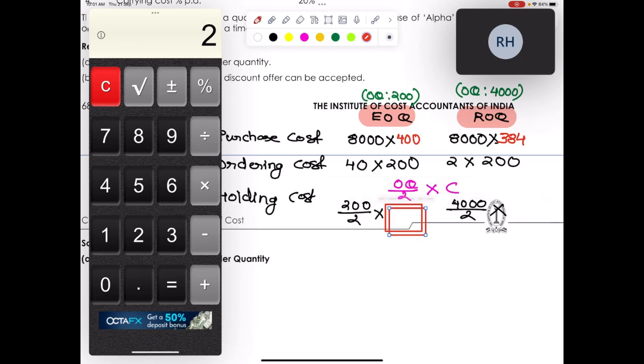Please find out the carrying cost per unit per annum applicable under EOQ and applicable under ROQ. I am providing you some time of 30 to 45 seconds so that each and every student can do this on their own. This is the most important point of discussion. So please, my dear friend, try to compute the carrying cost per unit per annum that will be applicable under EOQ and under ROQ.